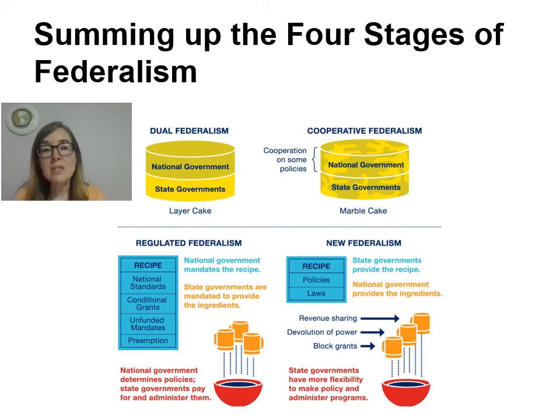Regulated federalism is when the national government is mandating the recipe and states have to figure out how they're going to provide the ingredients. New federalism is giving more flexibility back to the state. So now state governments are the ones providing the recipe and national government is helping provide the ingredients.